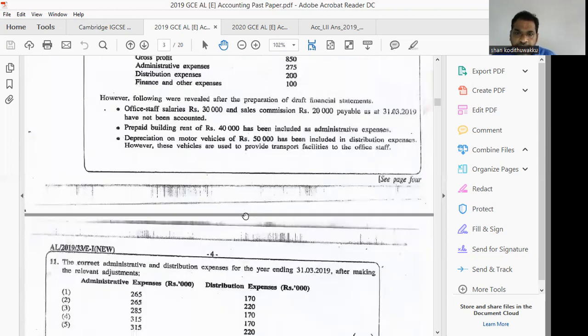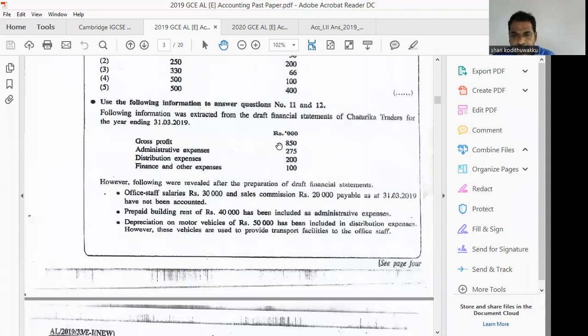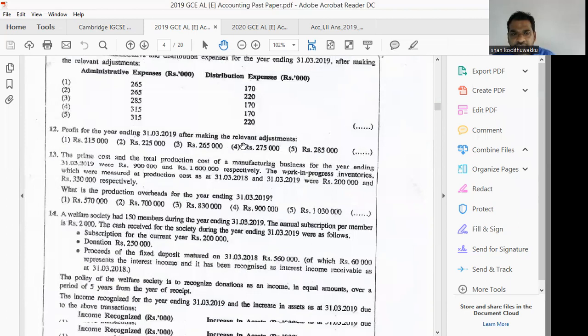Then 585 should be deducted from gross profit. 850 minus 585. 585 to 600 is 15, then 250, so 265.